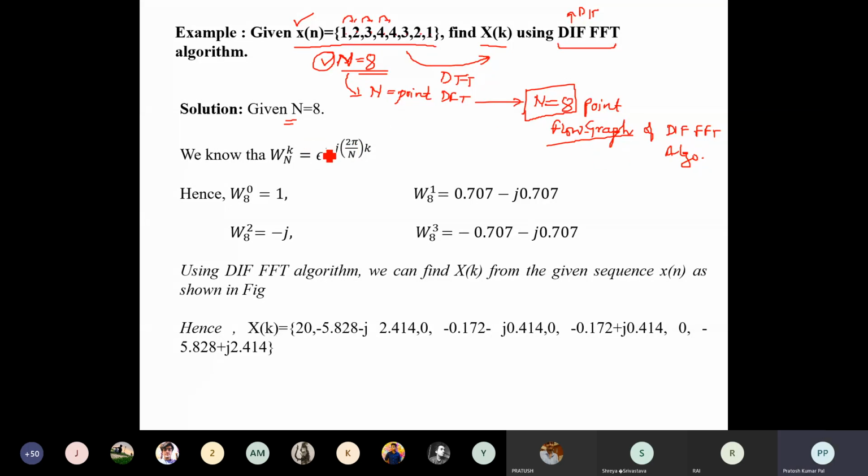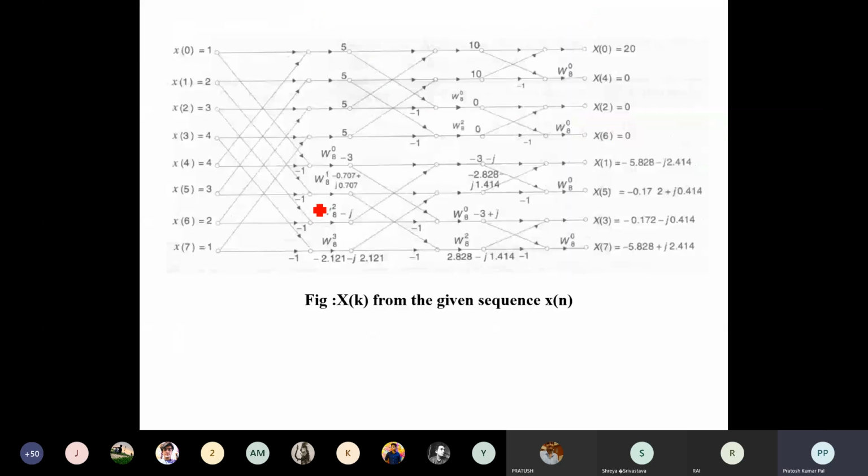First of all, before calculating the values based on the flow graph, we will find the value of W_N to the power k for different k values, 0 to 7. In that flow graph, the values that we require are W8^0, W8^1, W8^2, and W8^3.